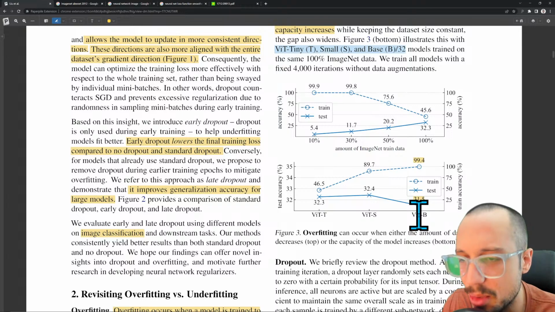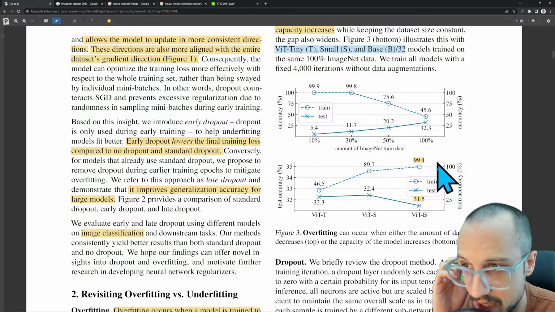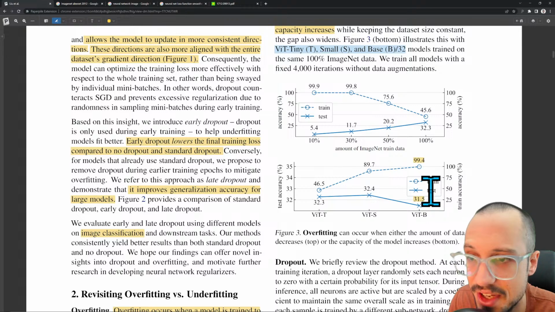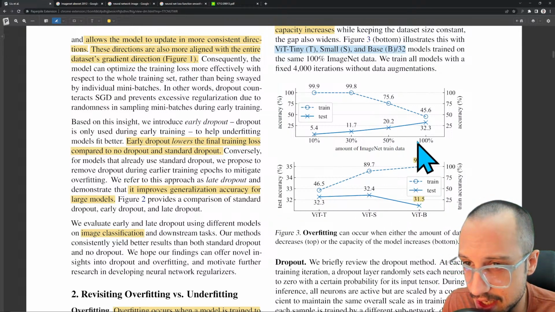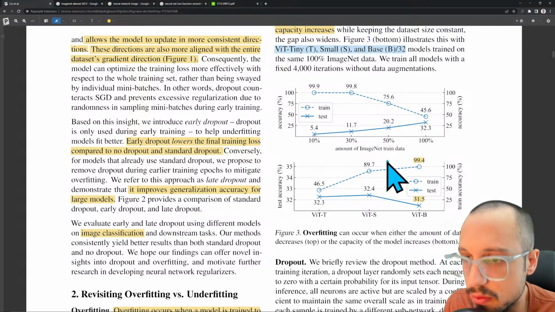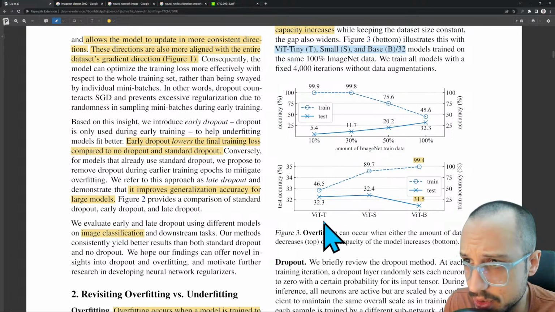It just basically memorized your training data set, and you can see that because the performance on the test data set is significantly worse. So the difference between the train and the test here is kind of a gauge of how much overfitting is happening. And what they're showing you here is different size models, right?